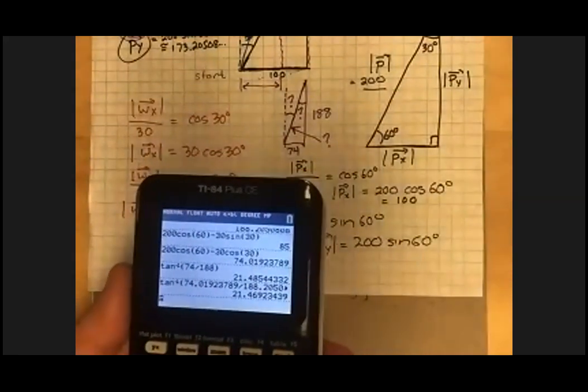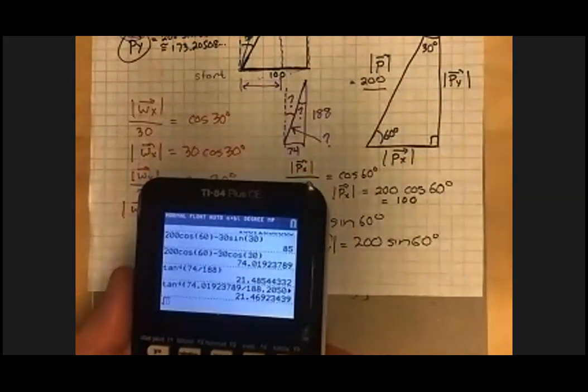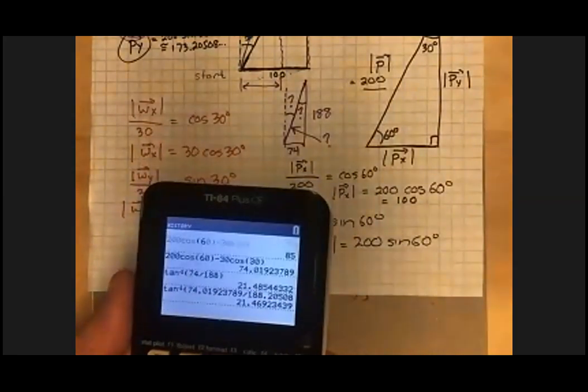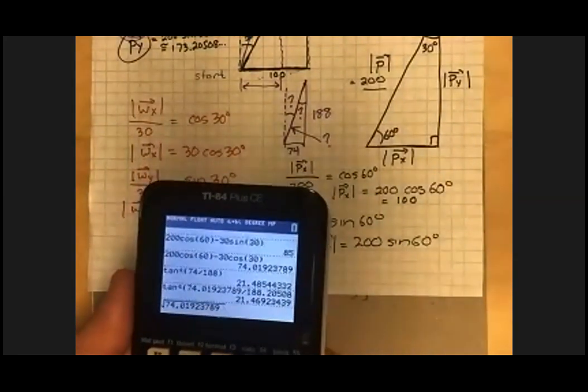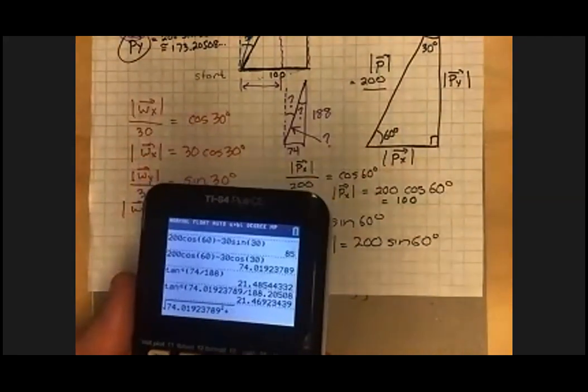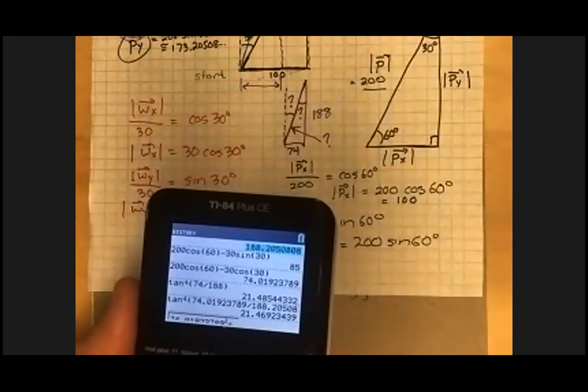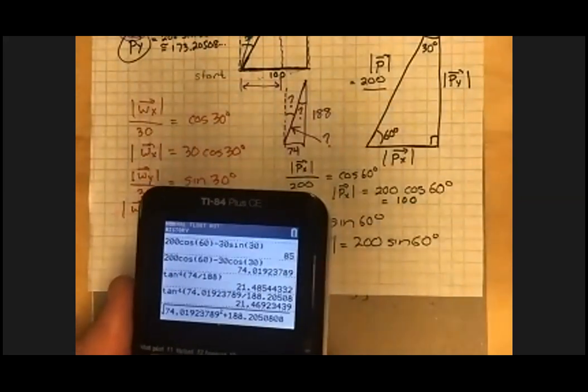Let's find out how long that is. Square root of, go get that number and square it, plus go get that other number up the screen and square it.